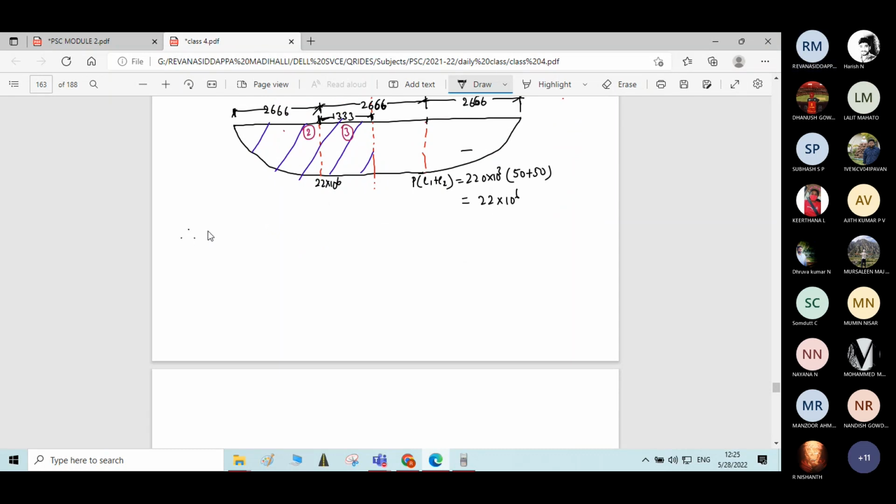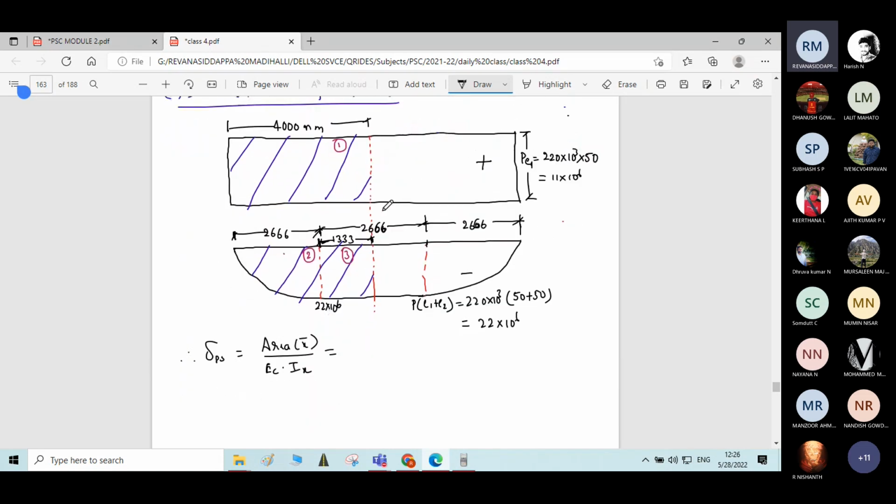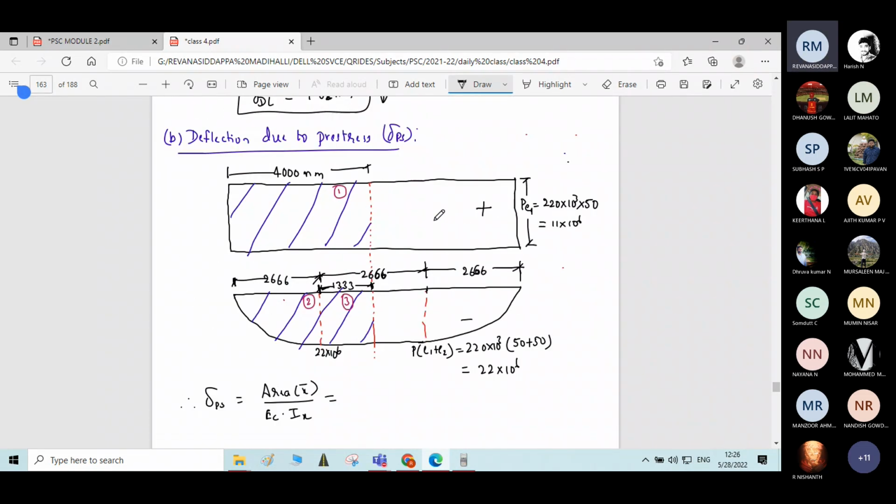Therefore, delta PS is equal to area into x bar divided by Ec into Ix. If we elaborate this formula with respect to this figure, the first component has a positive sign, so it is plus A1 x1 bar.